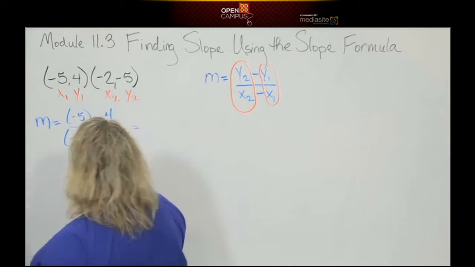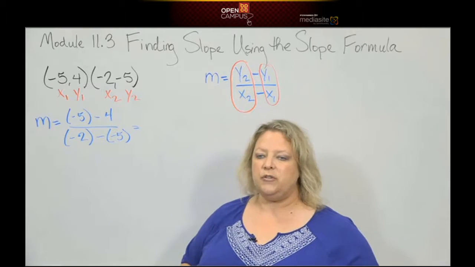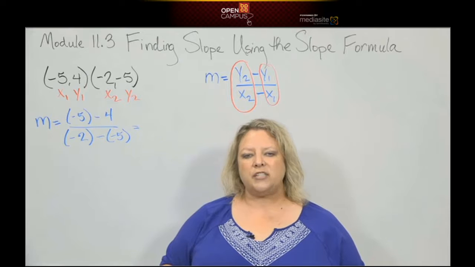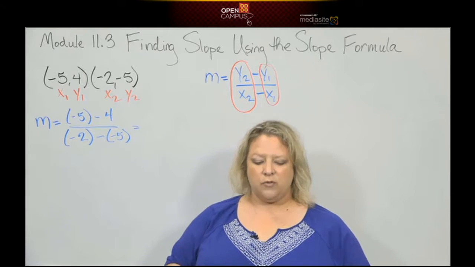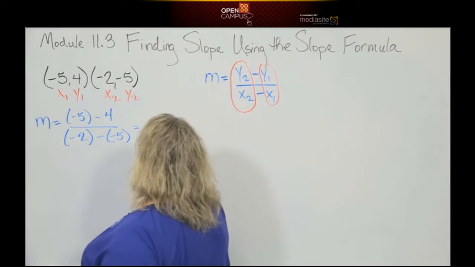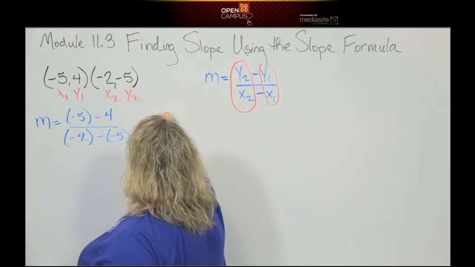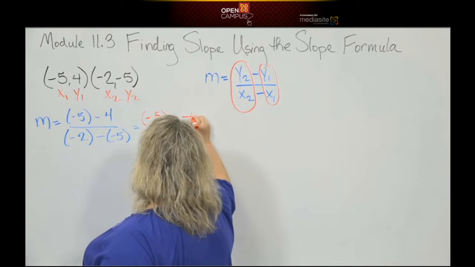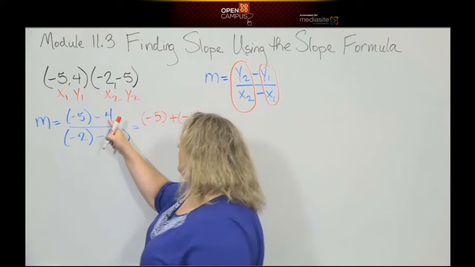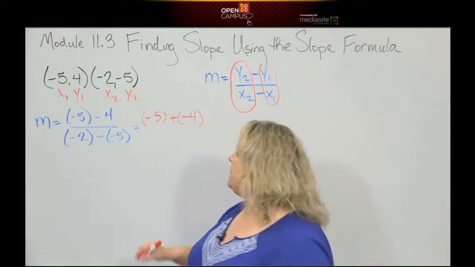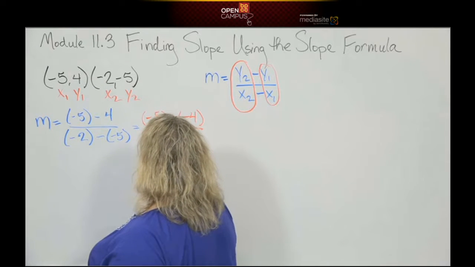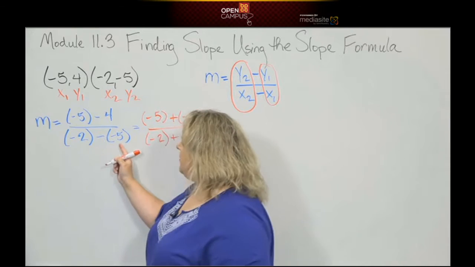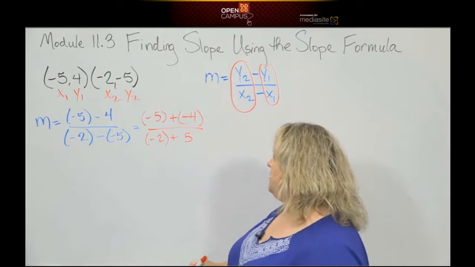Now I put my negatives inside parentheses just so that you can see that they're negatives. Also remember that subtraction means to add the opposite. So let's rewrite this as -5, I'm going to keep that in parentheses, plus a -4 now, because you're adding the opposite of a +4, which is a -4, over -2 plus +5, because I'm adding the opposite of -5, which is +5.